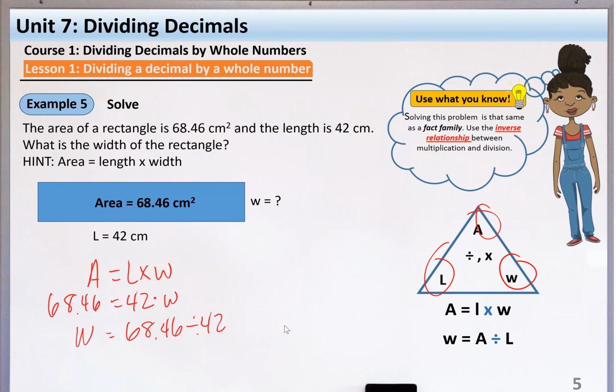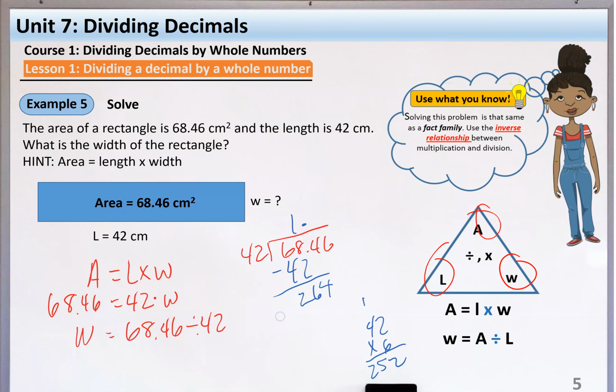All right, so the width is going to be 68.4600 divided by 42, which we have here. Bring up our decimal. 42 will divide into 68 one time with a remainder of 26, which is less than 42. So we've checked.